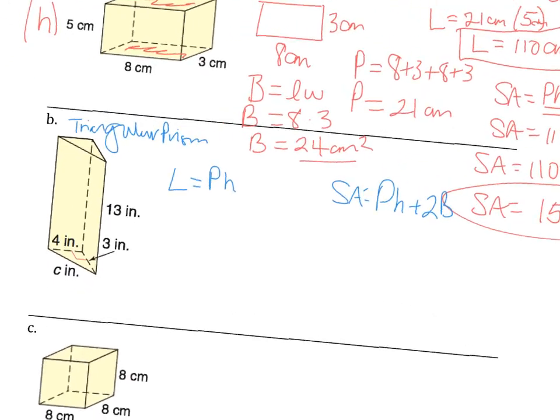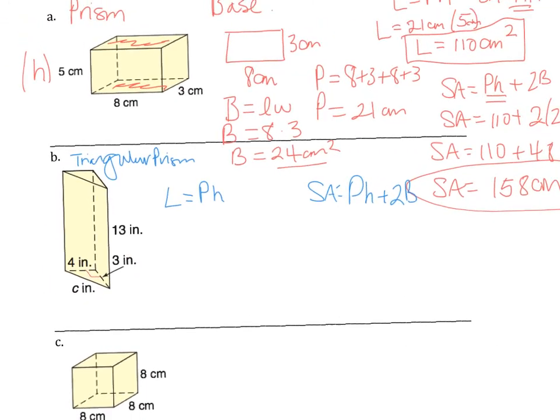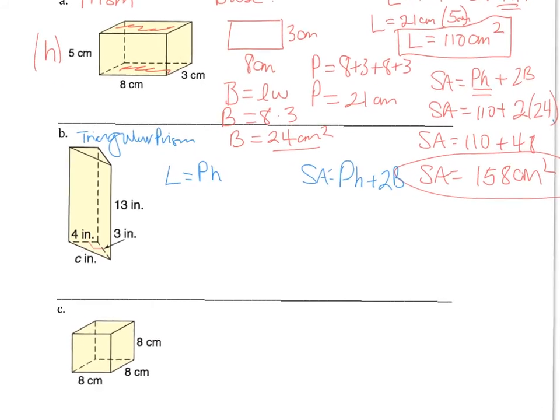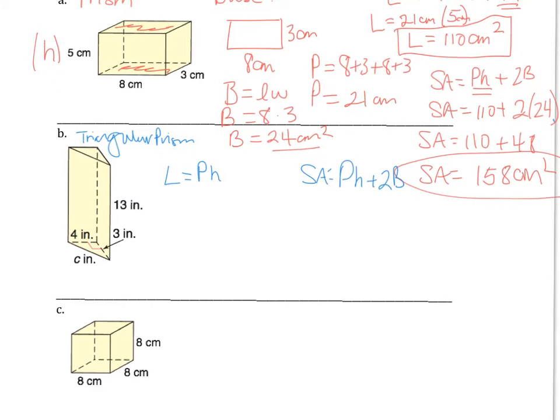So down below here, I will find the perimeter of my base. So again, my base is this triangle shape. So it looks like I need to do a little bit of math to figure out the perimeter. So the first thing I'm going to do is the Pythagorean theorem, because I see I have a right triangle here.